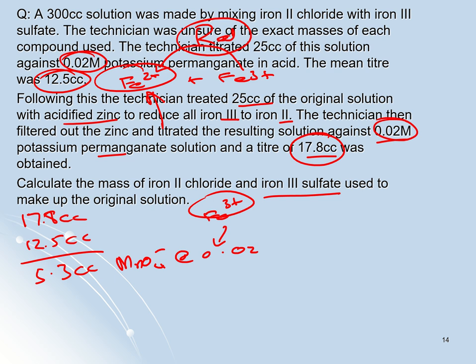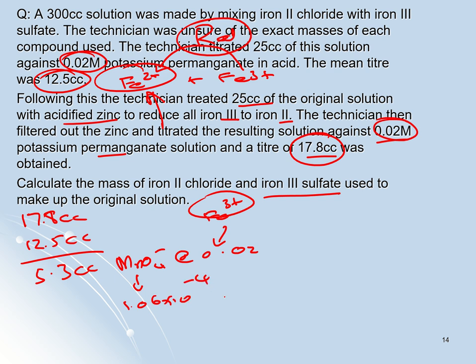So I can work out the moles of iron 3 that were in there by calculating 5.3 to 0.053 times 0.02.